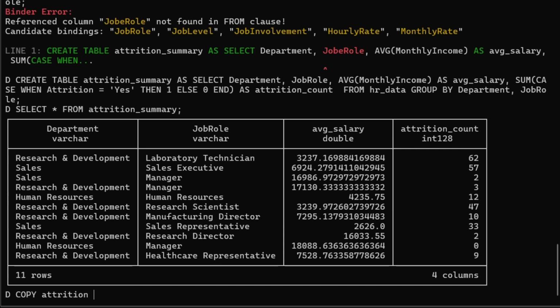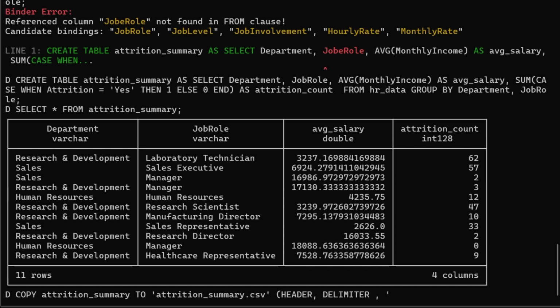So we got the table, but we need it in an exportable manner. So let's copy that, attrition summary to, let's name it as attrition summary CSV. Okay, .csv, and let's use header and delimiter.